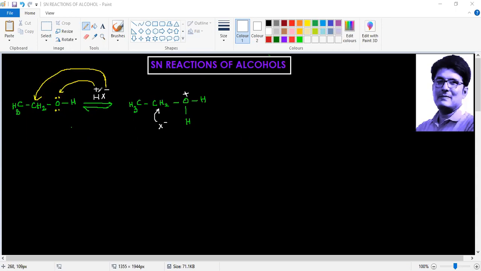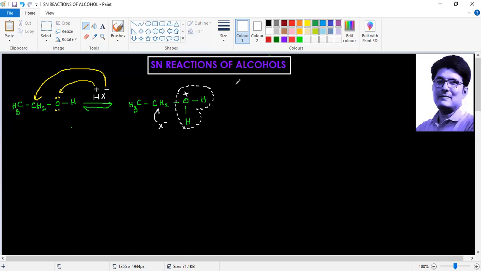First, H plus moves here, and on formation of the protonated ion, the remaining X minus can attack the adjacent carbon. Whenever the protonated ion is obtained, it can be a good leaving group, isn't it?